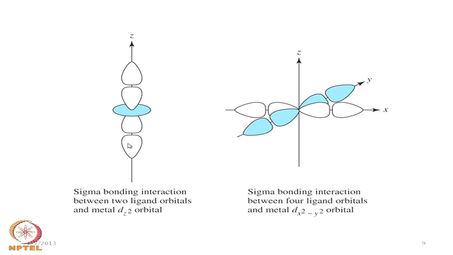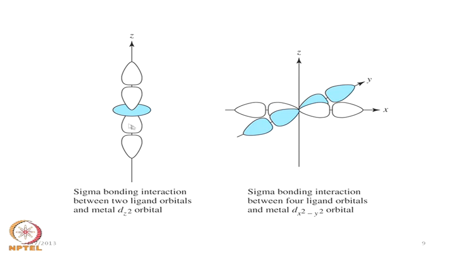So, that is why we will have good overlap of the ligand p z orbitals with the metal d z square orbital. The metal d z square orbital, which we have seen in case of the magnetic moment and the spectroscopic term, sometimes does not contribute much towards the magnetic moment, but when we consider the sigma bond, it has the typical sigma symmetry.